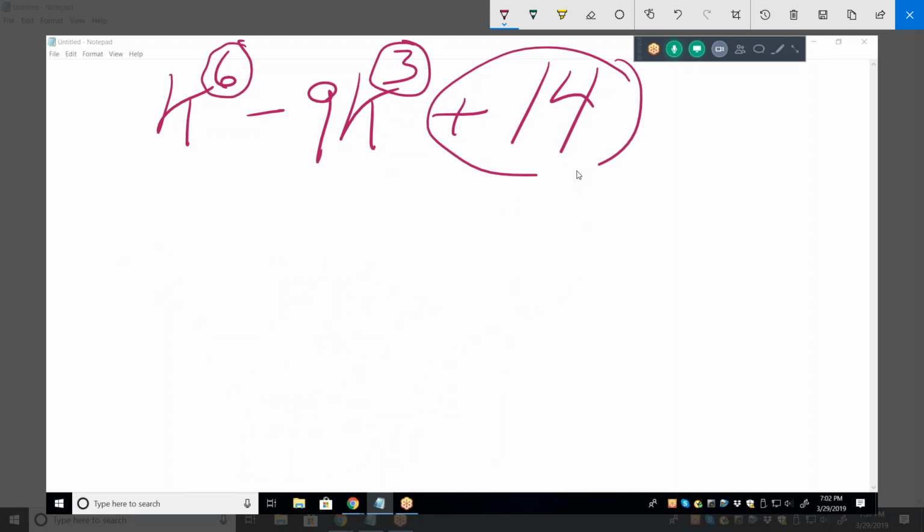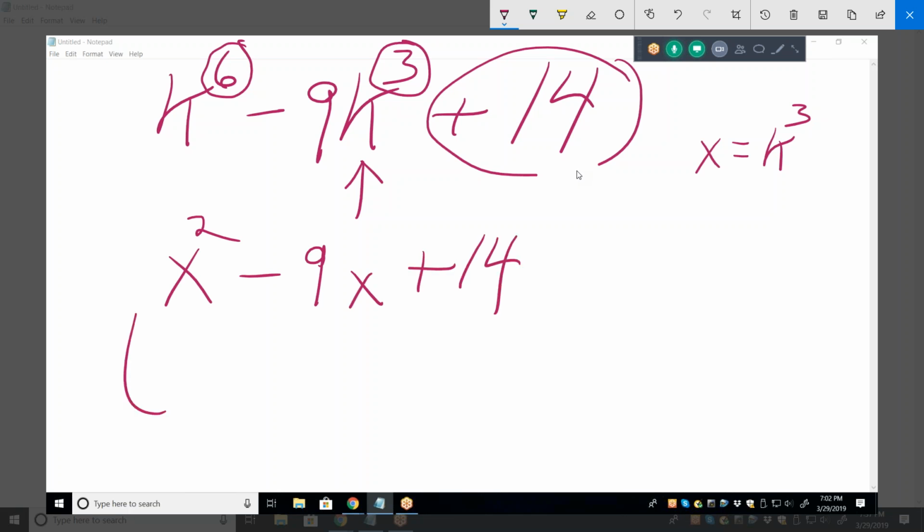So I'm going to teach you a method called substitution. I'm going to let x equal whatever this term is right there. Now this quadratic becomes x squared minus 9x plus 14. You can easily factor that.